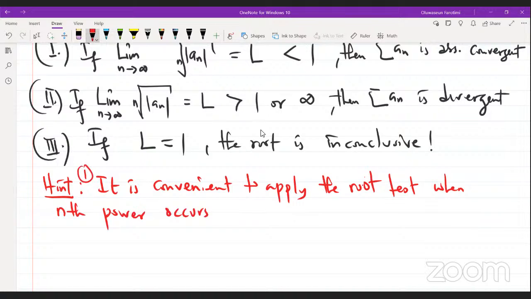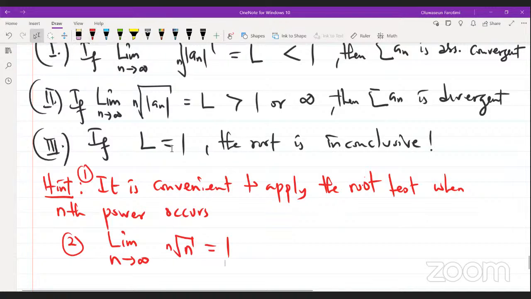Now let me write number one hint. Number two hint: the limit as n goes large of the nth root of n is 1.